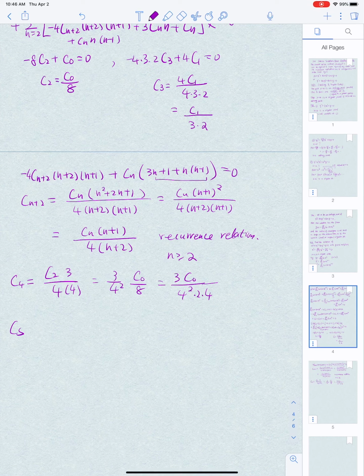And then compute C5. And then plug C3 in terms of C1.